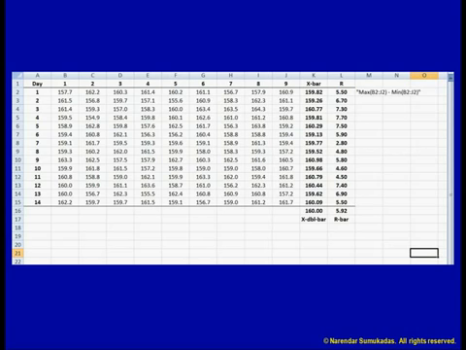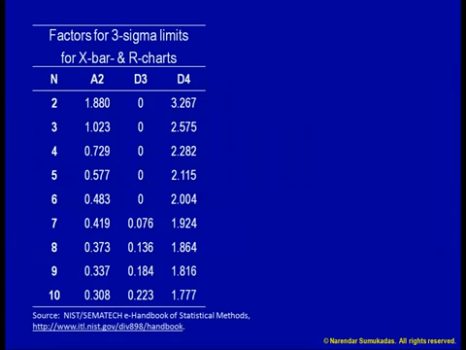But without the standard deviation, how do I get the UCL and LCL? For that, I have to refer to these standard tables, which are also given in the textbook. Corresponding to our sample size of 9, I look up three values from the table. A2 equals 0.337, D3 equals 0.184, and D4 equals 1.816.